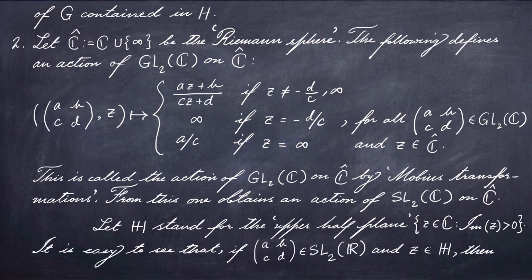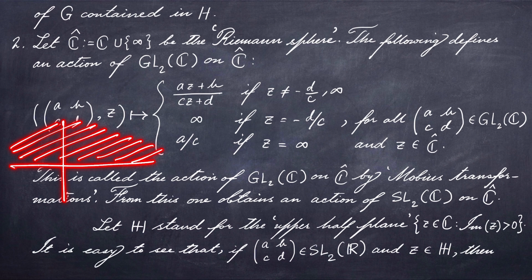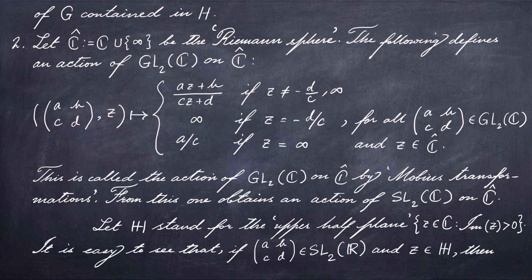Now let H stand for the upper half plane, that is, all complex numbers having positive imaginary part. Geometrically in the complex plane, H is this area, the upper half plane. Note that it excludes the real axis.